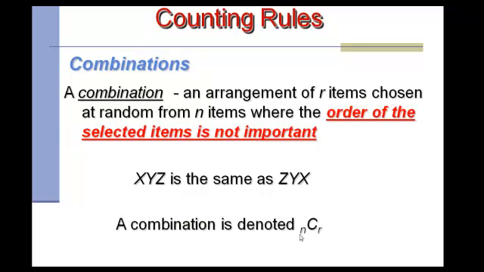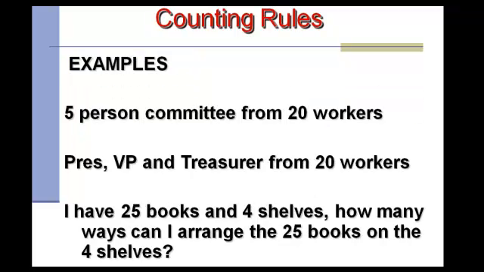The combination is denoted nCr, meaning you're taking R items at a time from N total items and finding out how many combinations or arrangements when the order is not important. So let me go through some examples with you to see if you can figure out, is it a permutation, is it a combination, is it a factorial, or is it the fundamental counting rule?